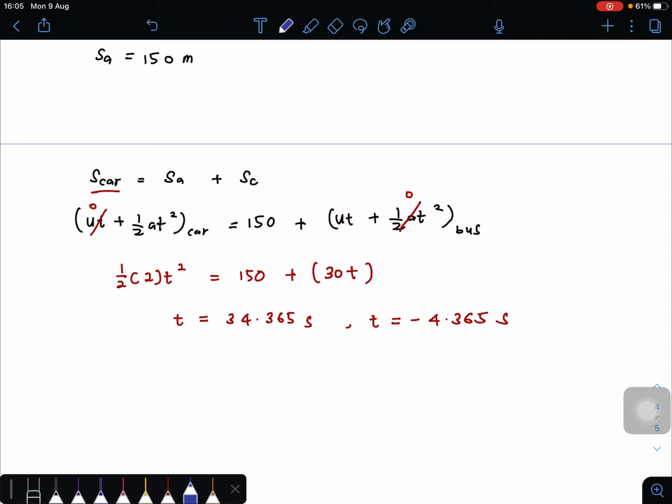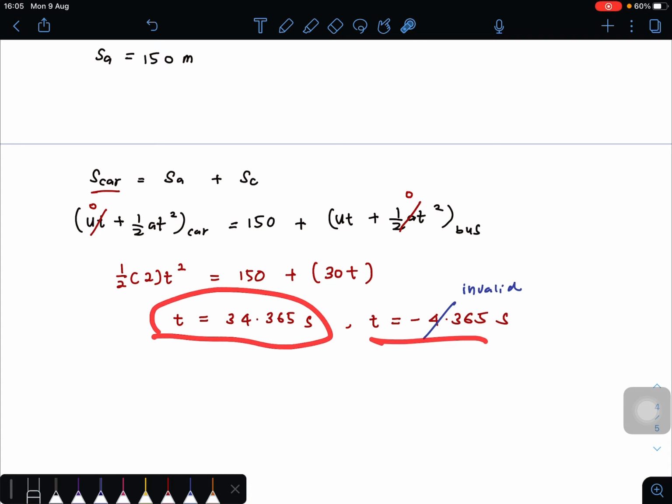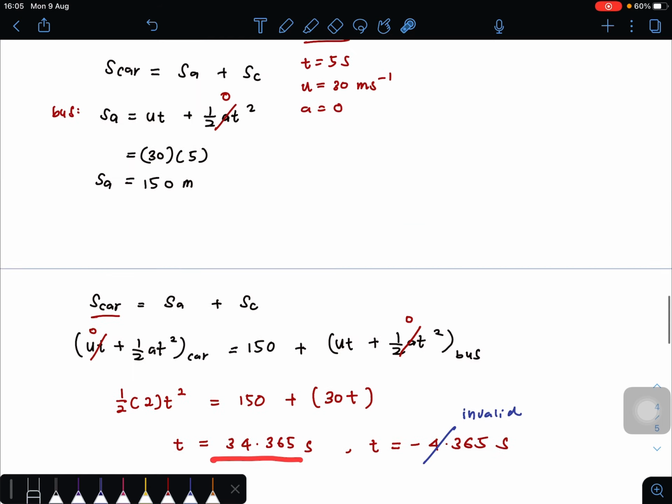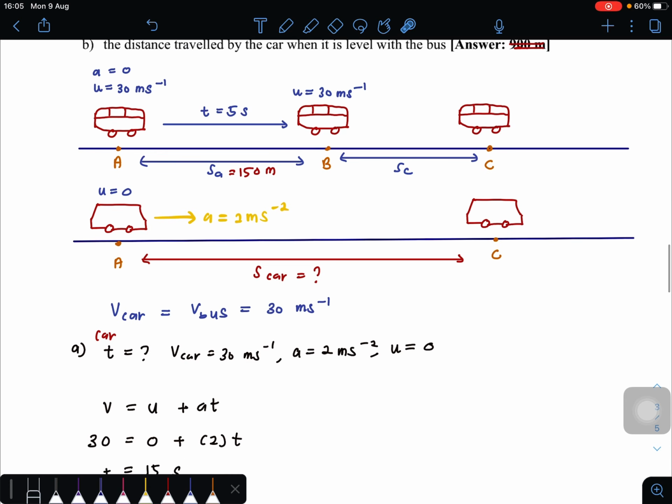Since time cannot be negative, time is a magnitude, a scalar quantity, it doesn't have a negative, so this is invalid and you cannot use this value. We are going to use this value. So 34.365 seconds is the time for the car to move from point A to point C.